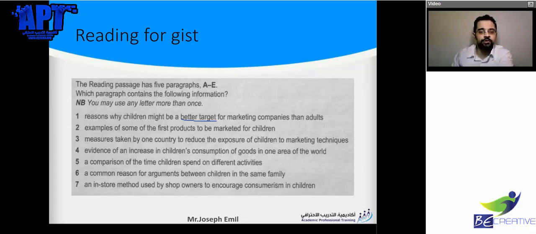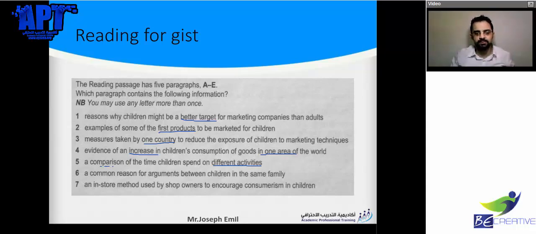Examples of some of the first products to be marketed for children. Measures taken by one country, okay, to reduce the exposure. Evidence of an increase in children's consumption in one area. So, increase and one area. We're looking for a comparison of the time children spend on different activities. So different activities and of course comparison here.